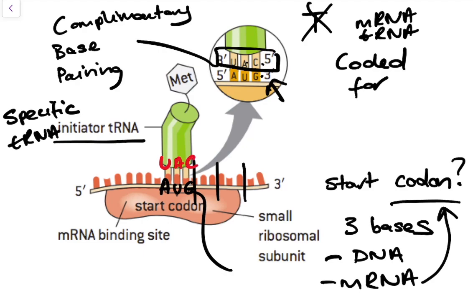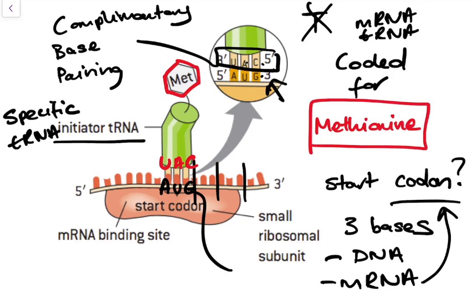If it's got a different code, it won't bond. There'll be no binding and it won't be able to bind there. But this particular one's being coded for, and at the end of that particular transfer RNA there is always MET, which is actually the amino acid methionine. There is always methionine coded for.